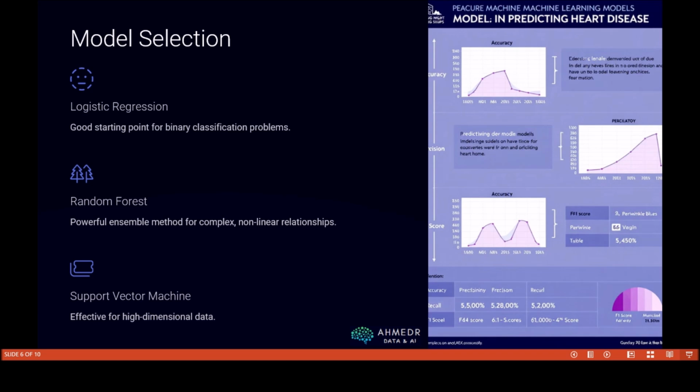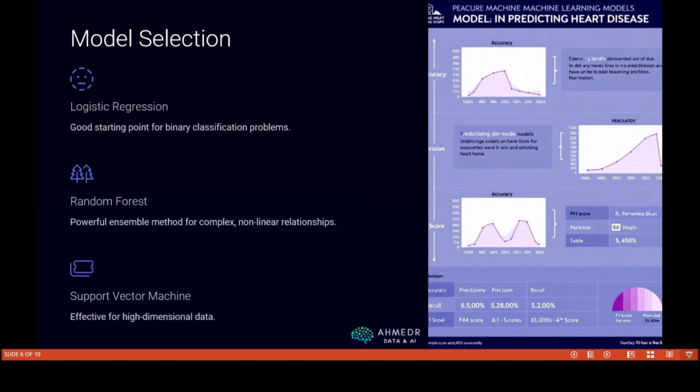The first one is logistic regression. It's a good starting point for binary classification problems. In our case, we are trying to identify whether a patient could have a heart disease or not, yes or no. Next, we have random forest. It's a powerful ensemble method that can handle complex nonlinear relationships.